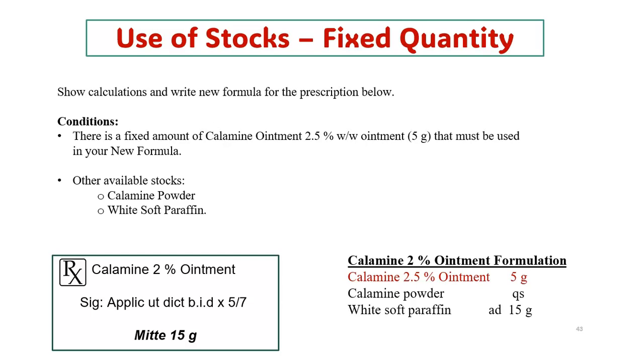For semi-solids, we normally have stocks in our pharmacy or storehouse that carry a known concentration. From here on, students should be comfortable if a stock is written as a ratio strength, which is 1 gram of the drug in relation to the total ointment or stock, or it can be written as a percentage.